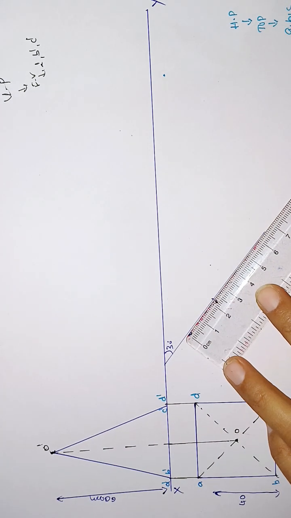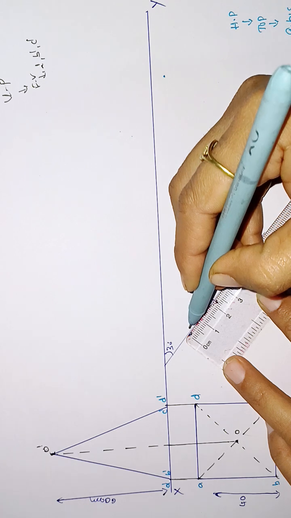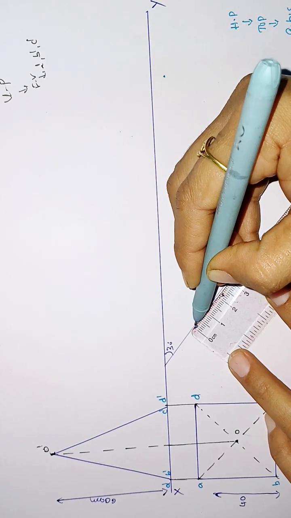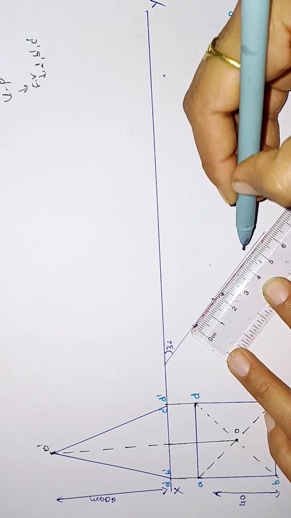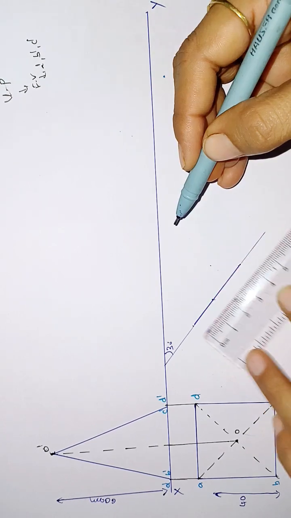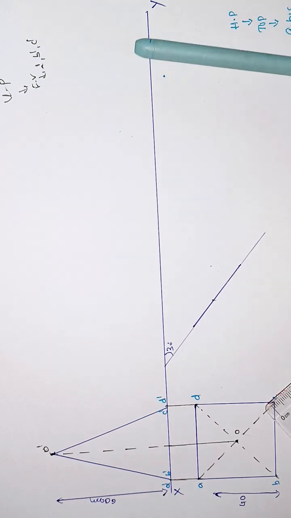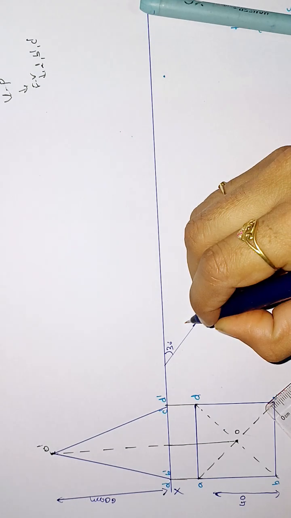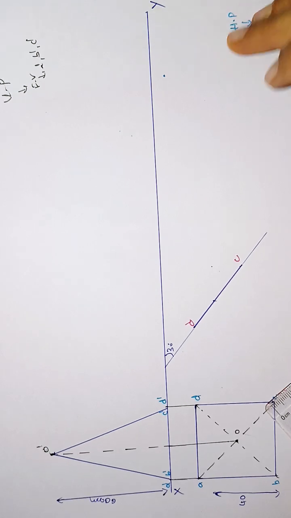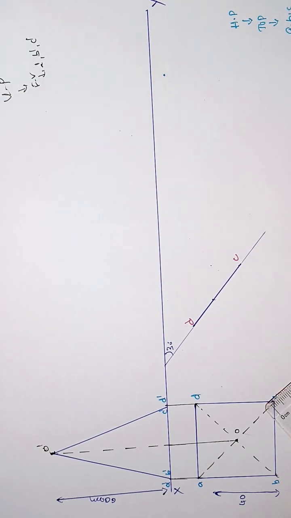So check your four sides, otherwise it will coincide with the first stage. Move a little bit downside, then it is easy to draw. So this D and C point you have to mention. This one is D point and C point. This one is VP, so this one is HP. That's why I mentioned D and C directly.